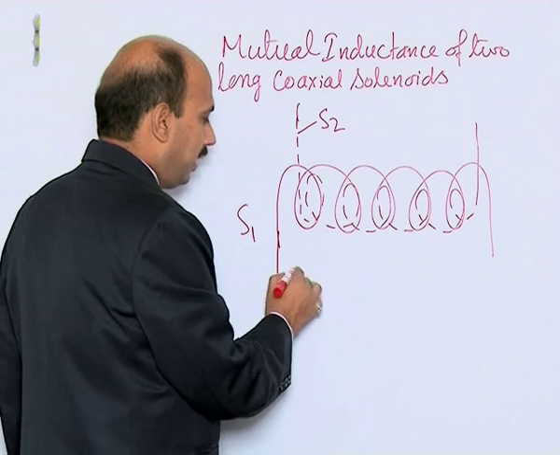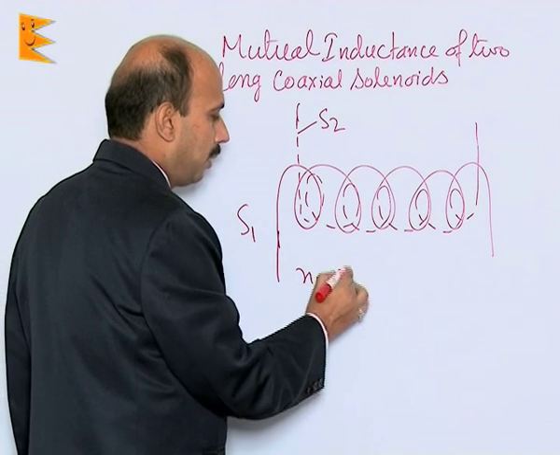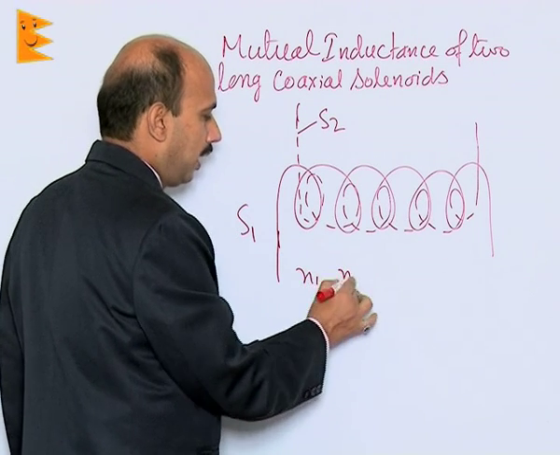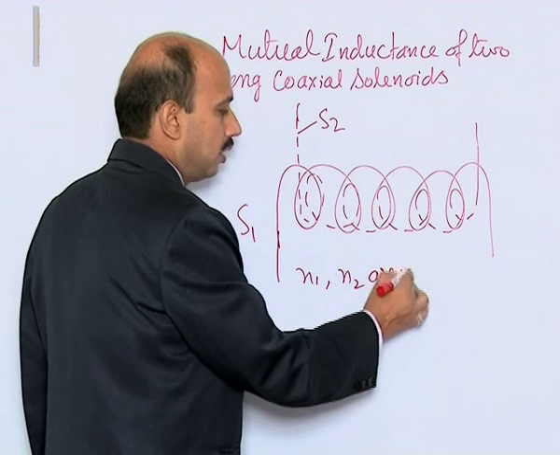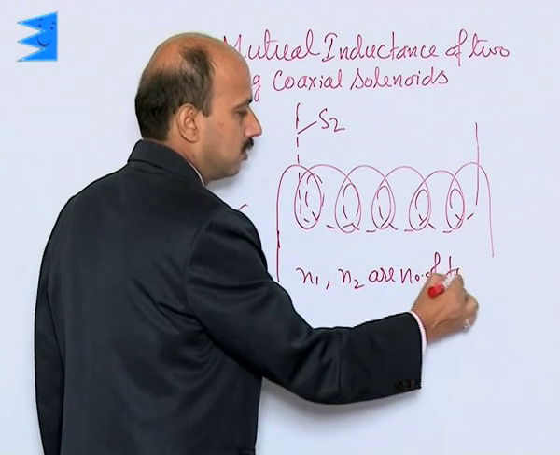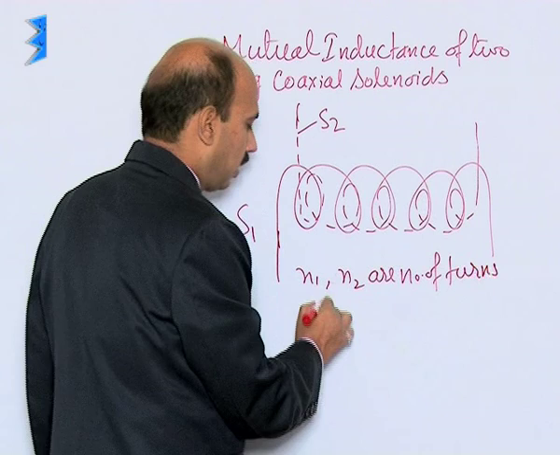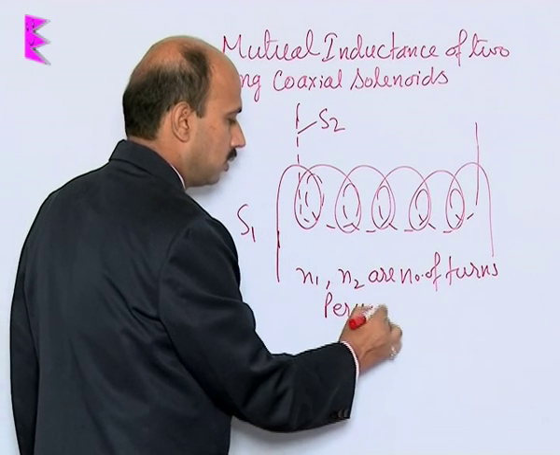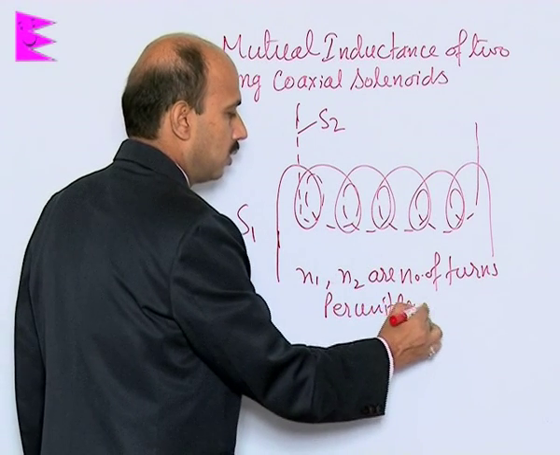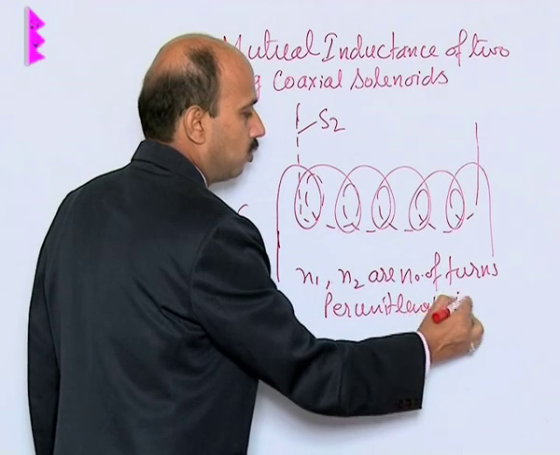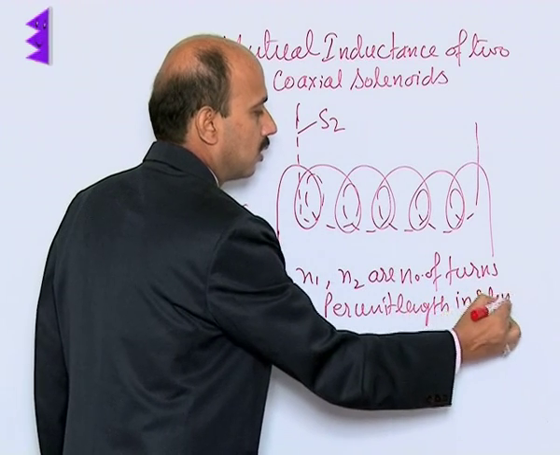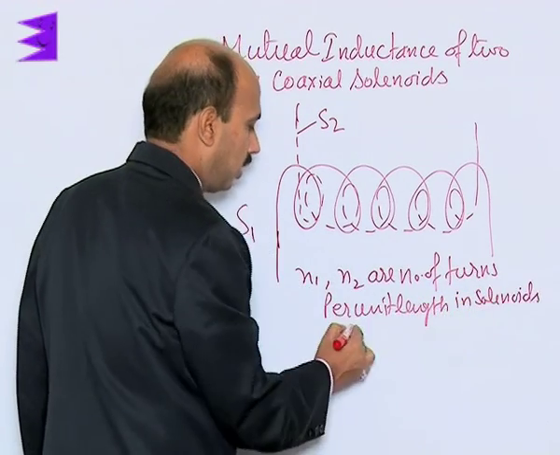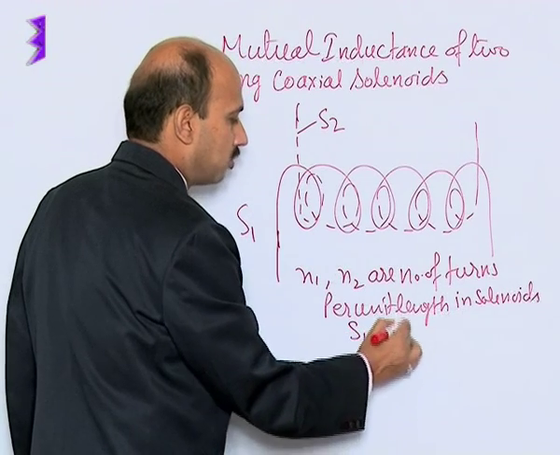Now, we can write N1 and N2 are the number of turns per unit length in solenoids S1 and S2.